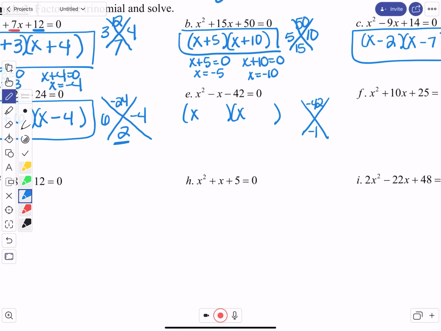They're two different numbers. Since this one's a negative, the bigger one has to be negative. That's the trick in this. The bigger one has to be negative. So -7, +6. Now remember, anytime you can pause the video before I get to this part if you want to try to think of your own two numbers. So -7, +6.